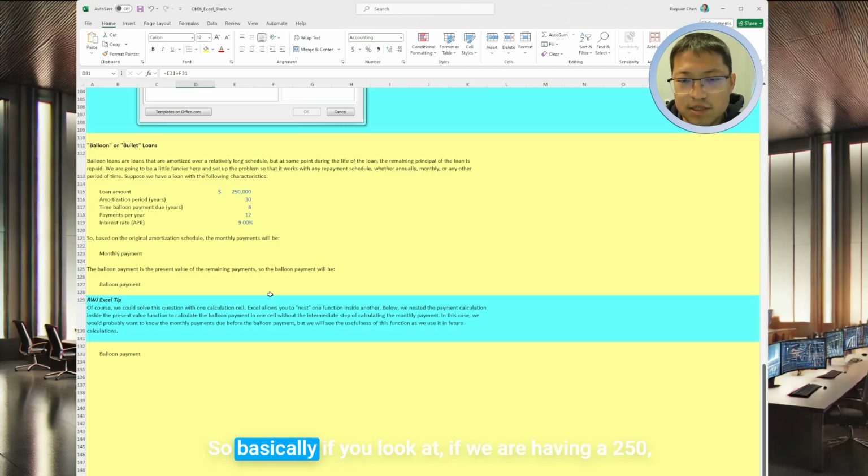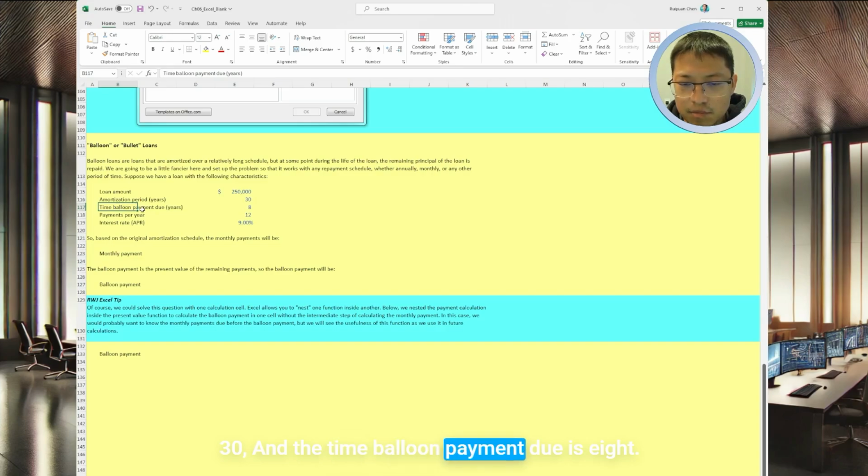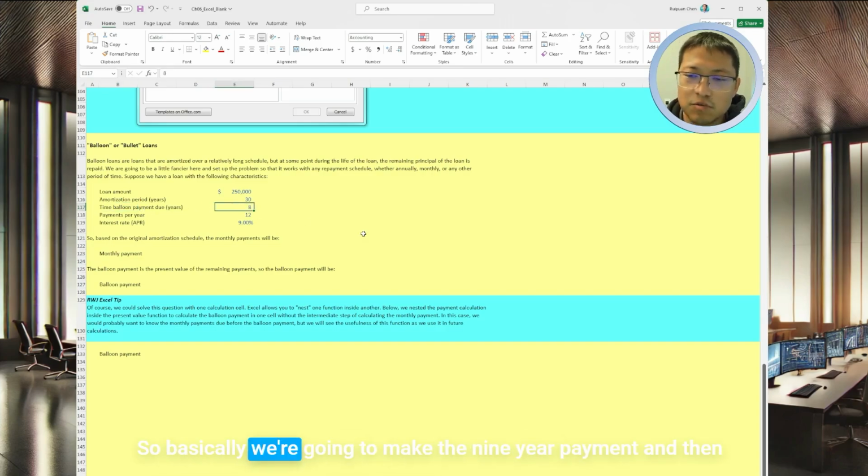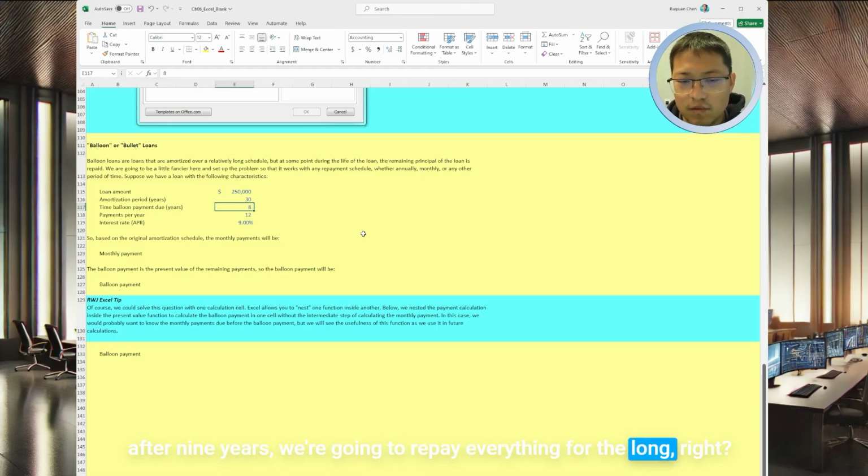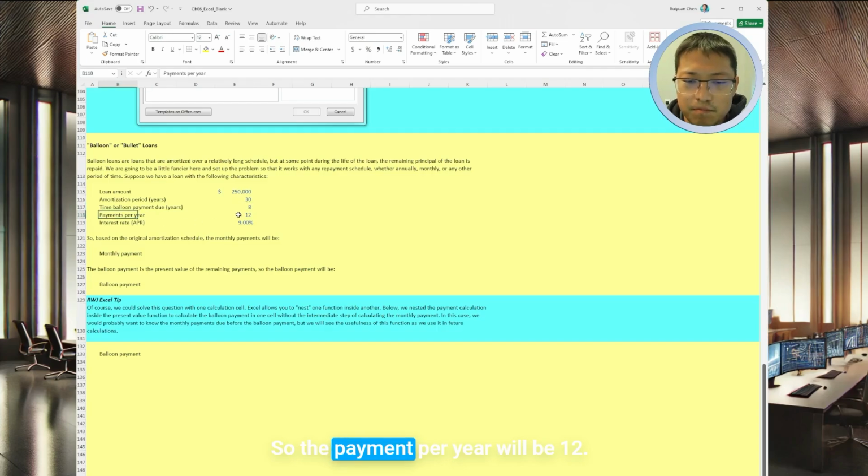So if we have a $250,000 loan, and this loan has an amortization period of 30, and the time balloon payment is due is 8. So basically, we're going to make the 9-year payment, and then after 9 years, we're going to repay everything for the loan. The payments per year will be 12. The interest rate is 9%.